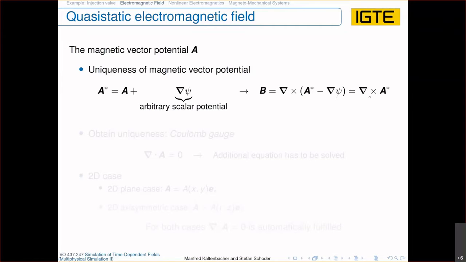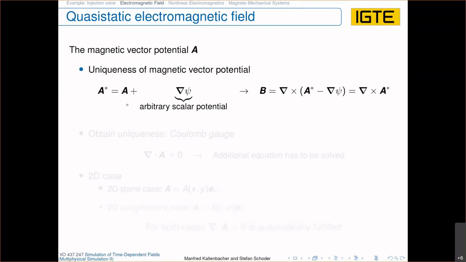So we get here the curl of A prime, and that shows us that we can add any arbitrary gradient functions to our vector potential, and we get the same magnetic flux density B. So the vector potential itself is not unique.